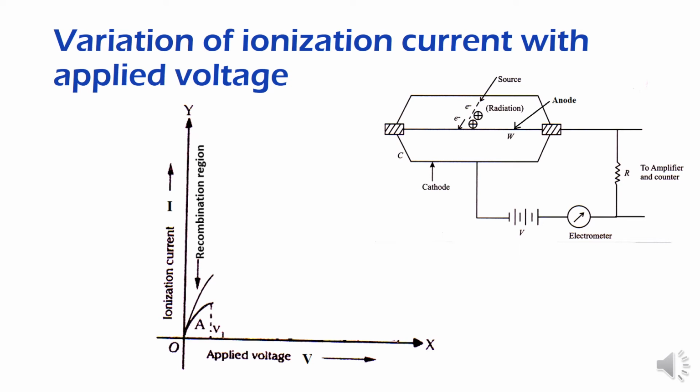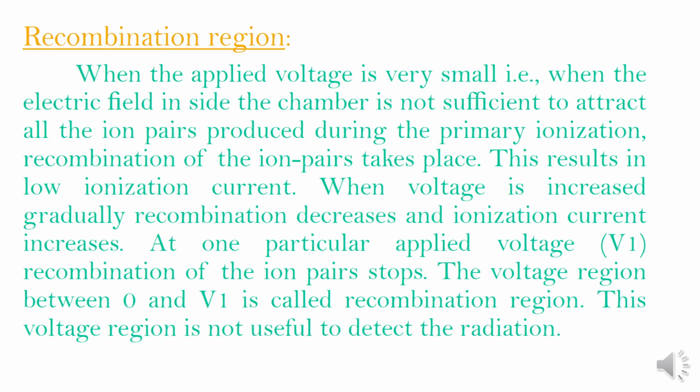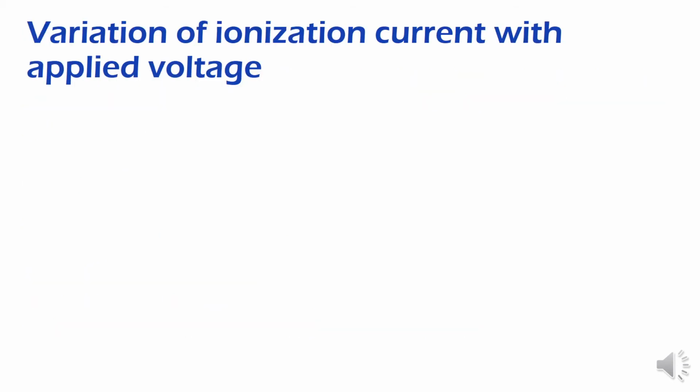Therefore, now let us adjust the voltage in the detector to greater than V1, and allow the particle to enter into the chamber. Now this is the information related to the recombination region.